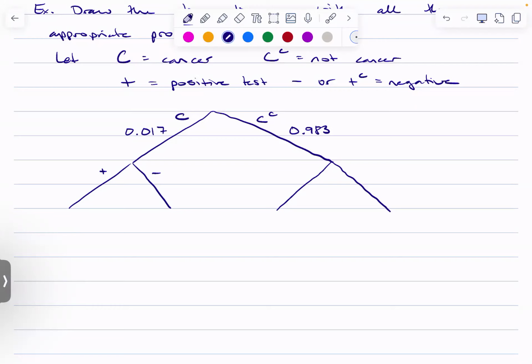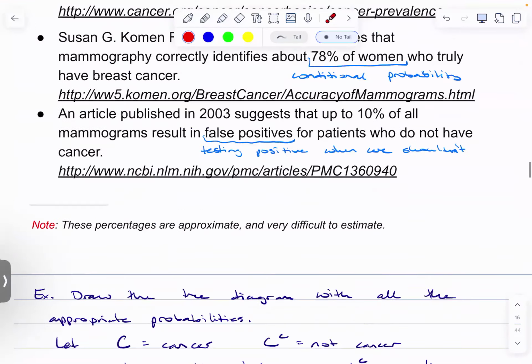And if you don't have cancer, you could still get a positive result, and you can still get a negative result, right? These probabilities are going to be different depending on which initial branch you went down, right? And so let's grab those probabilities.